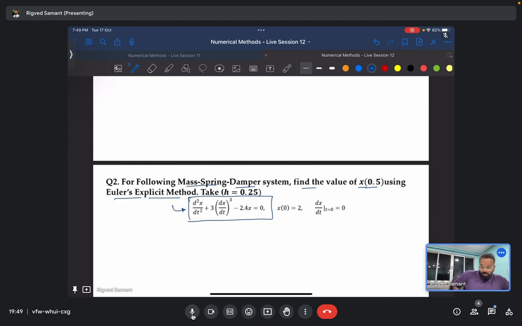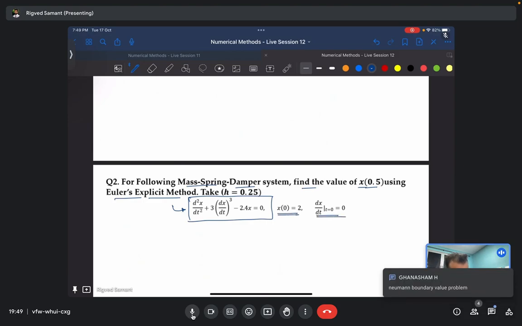Think about it. Okay, so here x of 0 is given to you. The initial condition is given to you, and the slope at the initial value is given to you. Yes, Neumann boundary value. This is a Dirichlet boundary value.